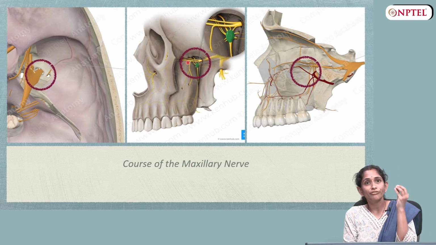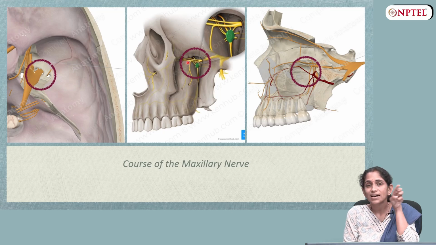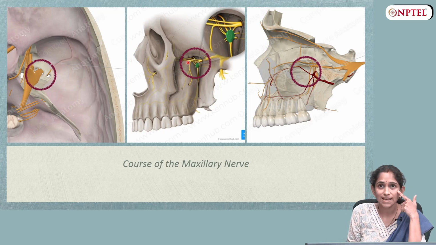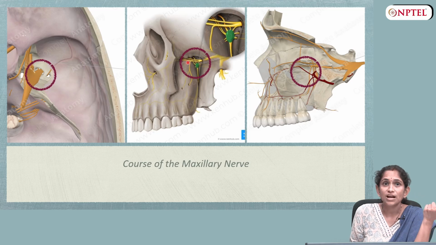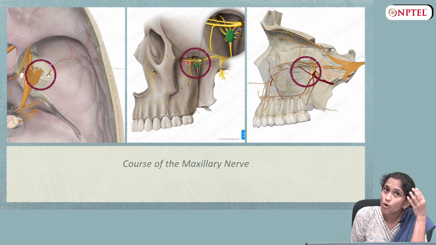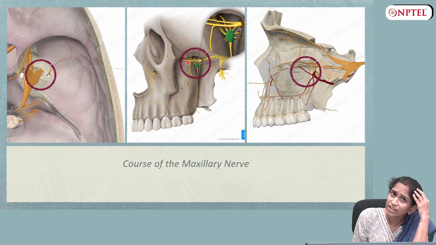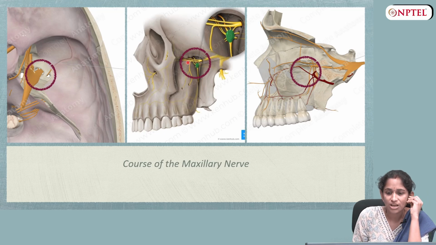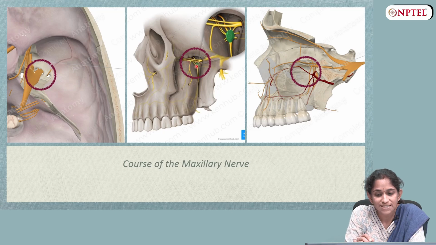The zygomaticofacial supplies the skin over the malar prominence by passing through the cheekbone or the zygoma. The zygomaticotemporal branch supplies the skin over the region of the temple and also the zygomatic arch.